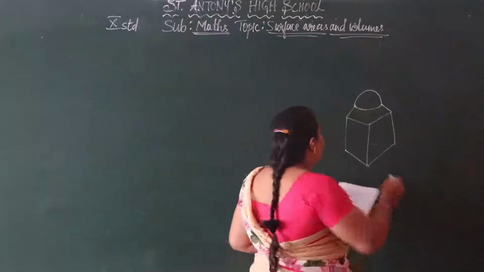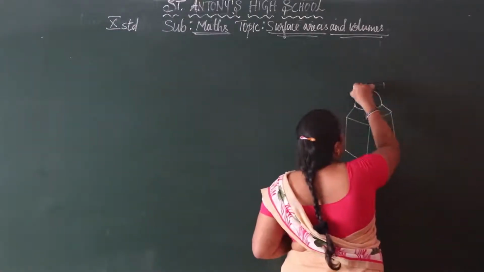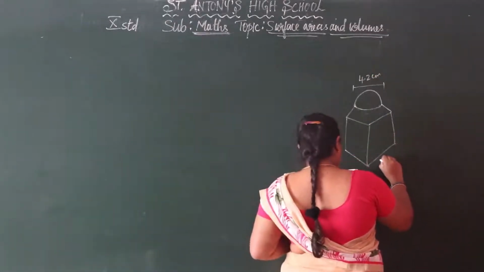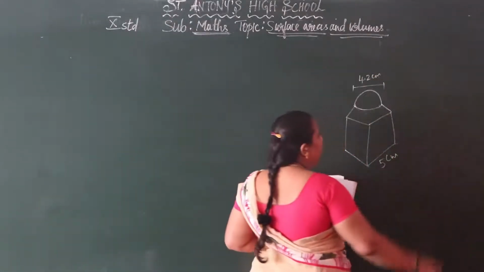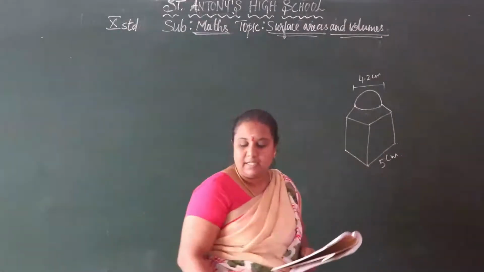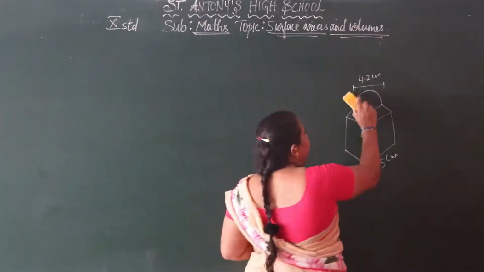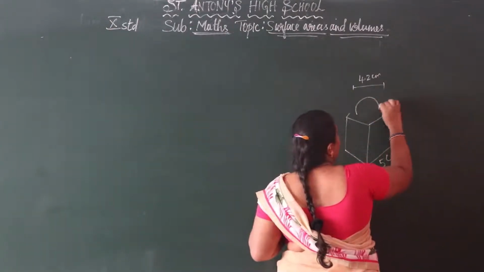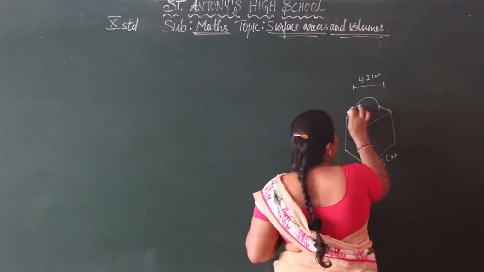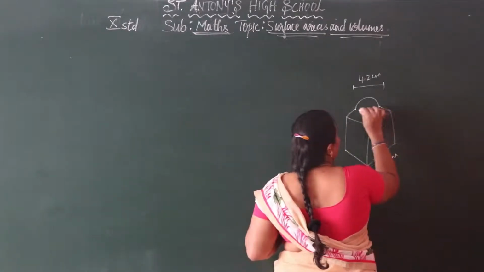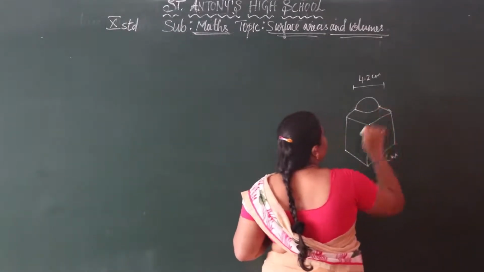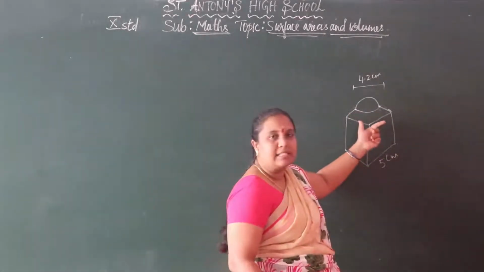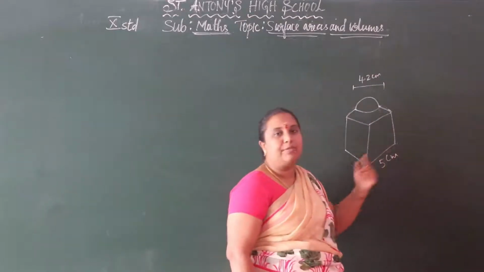The diameter of the hemisphere is 4.2 centimeter and the edge of the cube is 5 centimeter.